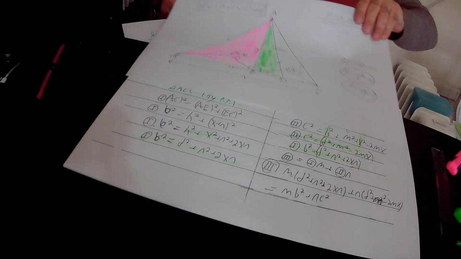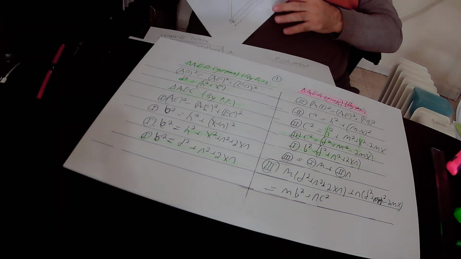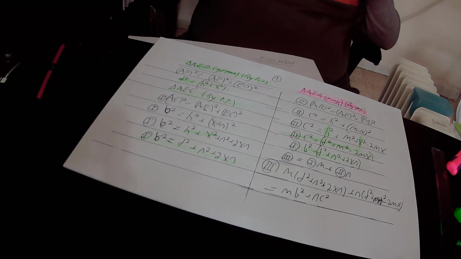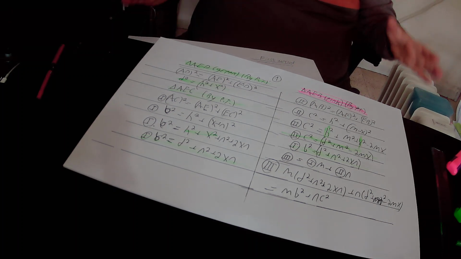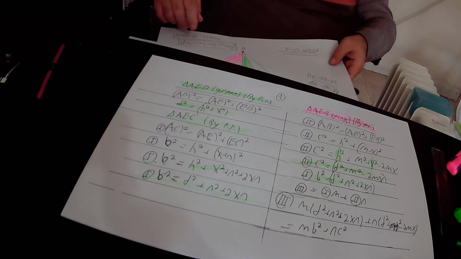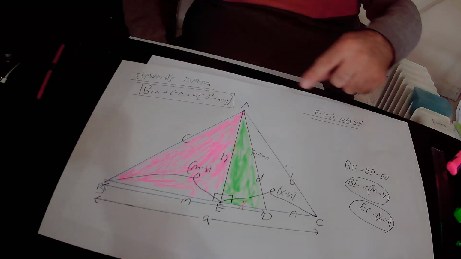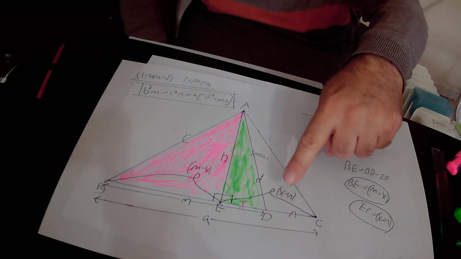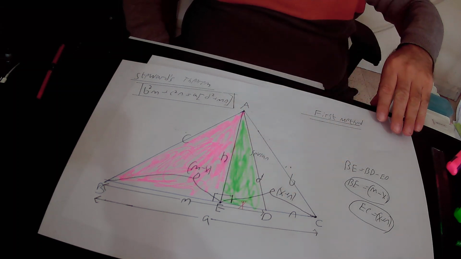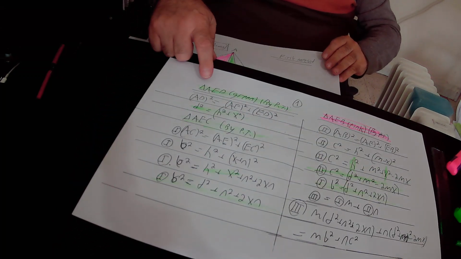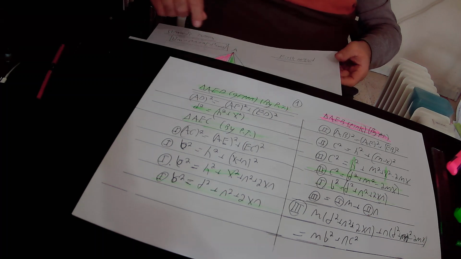According to the Pythagoras theorem, in any right triangle, the square of the hypotenuse equals the sum of the squares of the perpendicular sides. So in the right triangle AED, AD square equals AE square plus ED square.